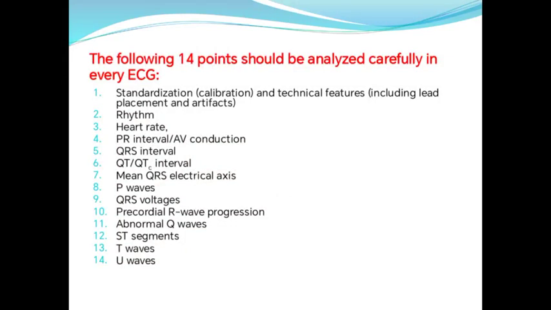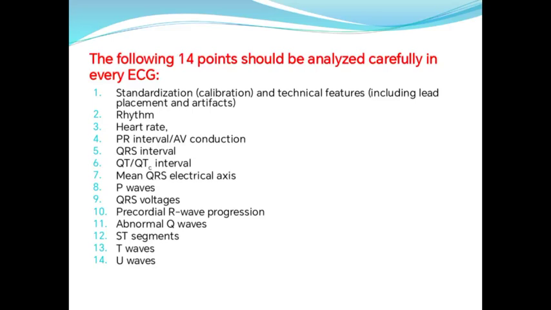And here are the 14 points that we should analyze carefully in every ECG. First, number one, is standardization, calibration, and technical features, including lead placement and artifact. We'll talk about what calibration and standardization are.